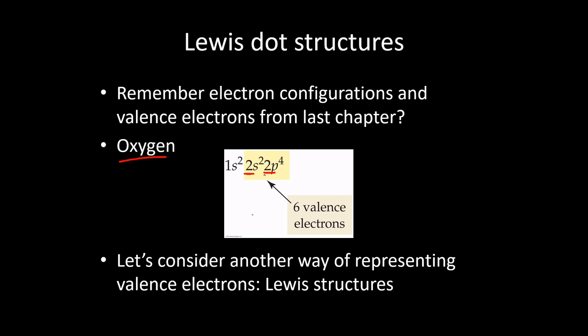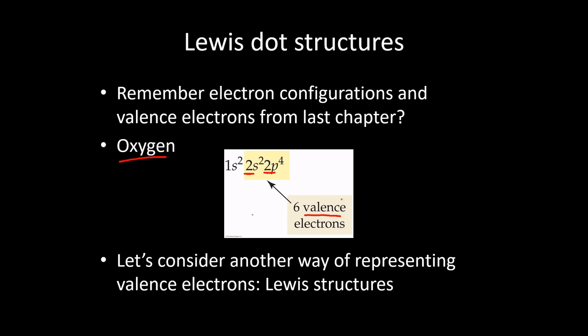And so we're going to make a shortcut here. When we start to represent molecules, we don't have to represent all of the electrons in a molecule. We really only have to represent the valence electrons, because again, those are the only ones that are doing stuff. It's important that the rest of the electrons are there, but they're not really participating in anything.